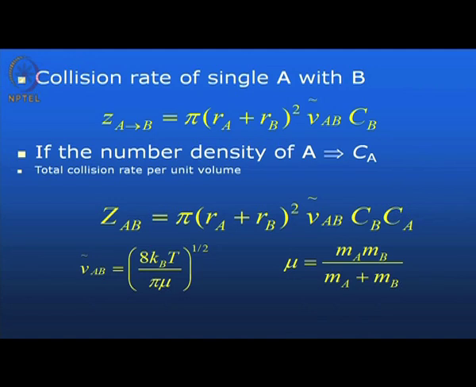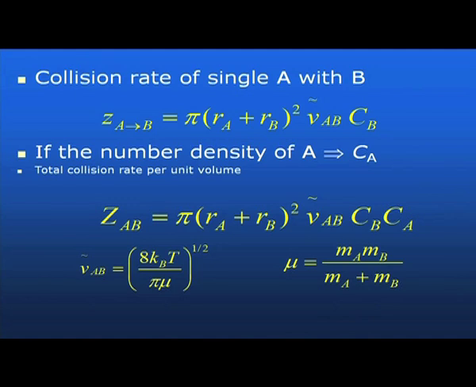Collision rate means number of collisions per unit time per unit volume, which is given a notation capital ZAB, which is pi (RA plus RB) whole square, because this is the effective volume within which if some molecule of B is coming, then it will make a collision, times CB as it was here, times CA, because we have now increased the number of molecules of A from a single molecule of A to number density CA. And from Maxwell distribution of molecular velocities, the average velocity is 8kT by pi mu.